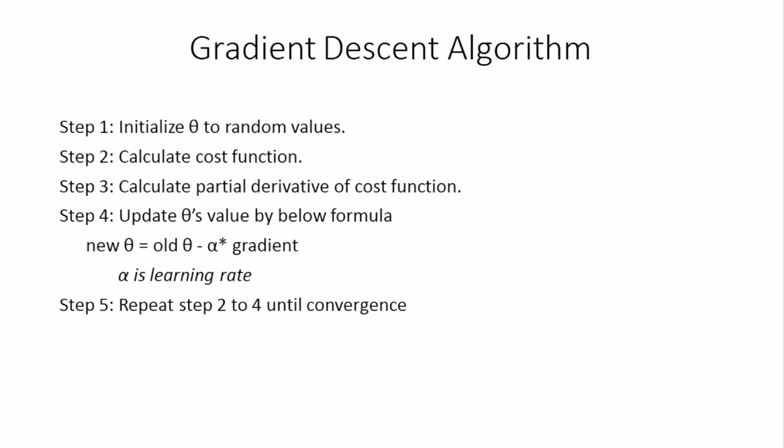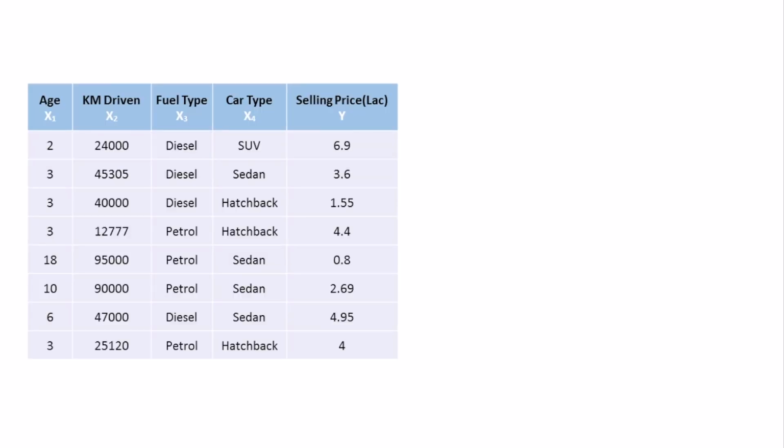And step 5 is repeating step 2 to step 4 until convergence. Now we know what is cost function and gradient descent, using which we can train the model and predict the output. Let's go back to the original sample dataset.